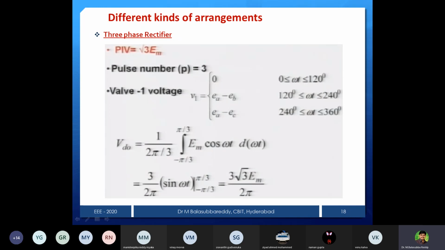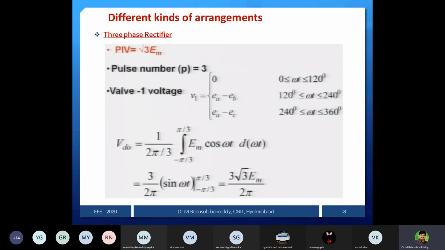Suppose I consider only valve 1, at a particular instant what will happen? For valve 1, from 0 to 120 degrees it is in conducting mode, so the voltage is 0. From 120 to 240 there is a reverse voltage EA minus EB, and from 240 to 360 it is EA minus EC.